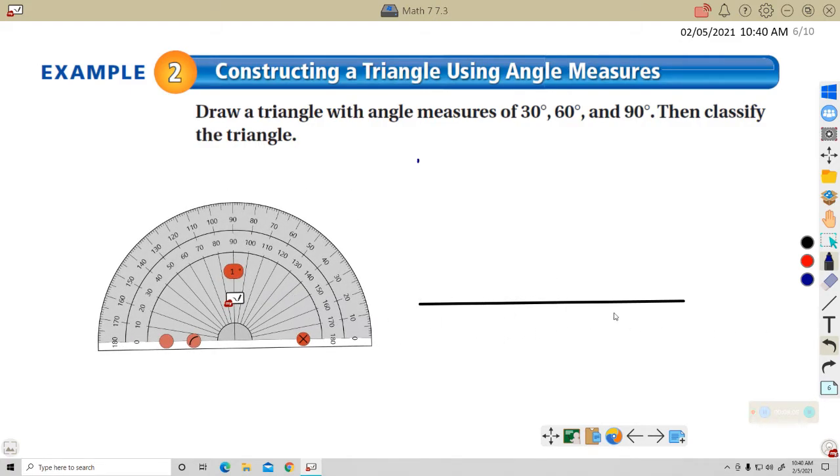Then I'm going to create another line that goes from the end where that center point was up to my 90-degree mark there. Oops, I'm off a little bit. Oops. Oh, technology.